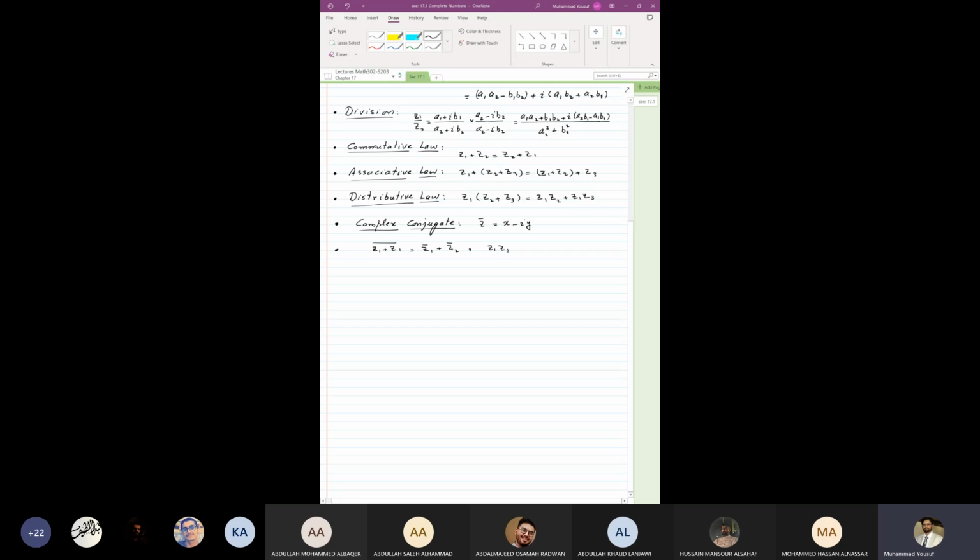The conjugate of the product of two numbers is equal to the product of their conjugates. And similarly, if we have Z1 over Z2, the conjugate of a division is equal to the division of their conjugates.